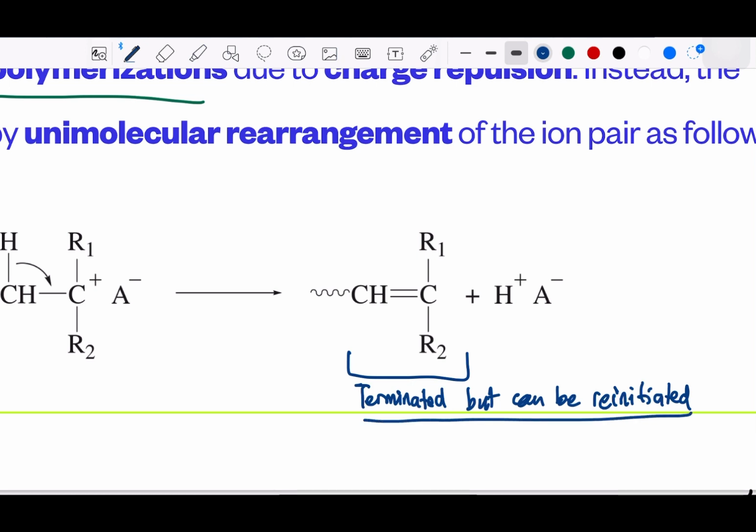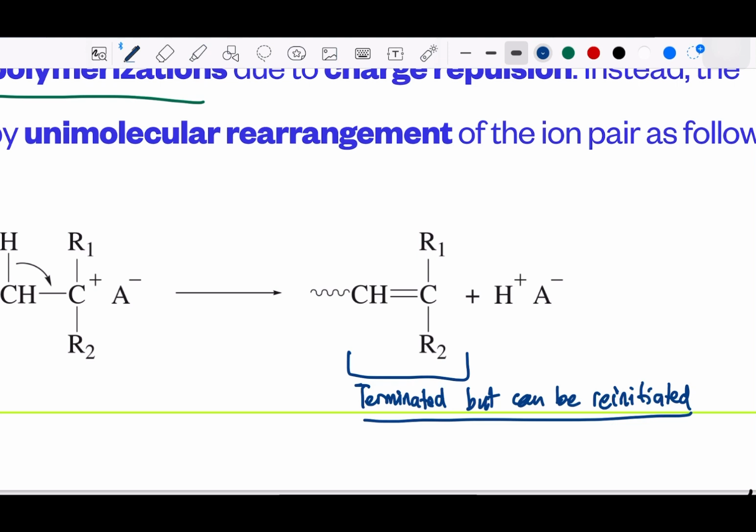In terms of adjustment, although not many monomers can be treated within this method, both cationic and anionic polymerizations are considered easier to adjust.